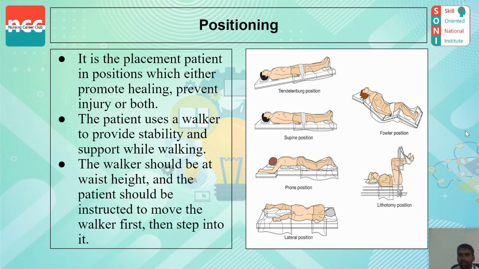The walker should be at waist height, and the patient should be instructed to move the walker first, then step into it. The height of the walker should be around the waist of the patient, and with the help of the walker, the patient should walk slowly.